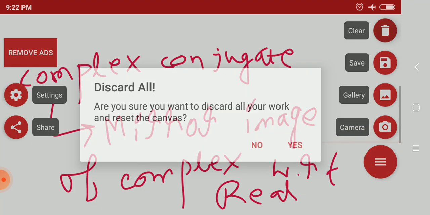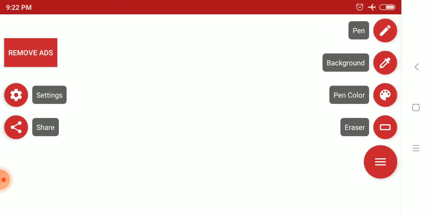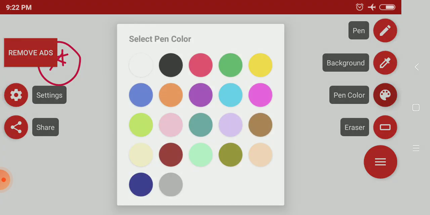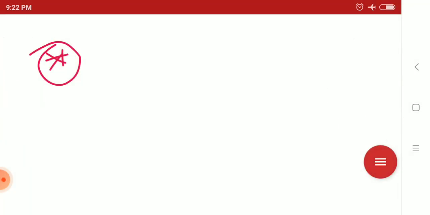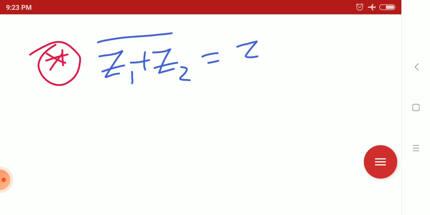Some important properties that I am now discussing with you, properties of complex numbers. Suppose you have a complex number z1 and another complex number z2. Now if you are doing addition and taking the bar, meaning complex conjugate, properties of complex conjugate: it can be written as z1 bar plus z2 bar.